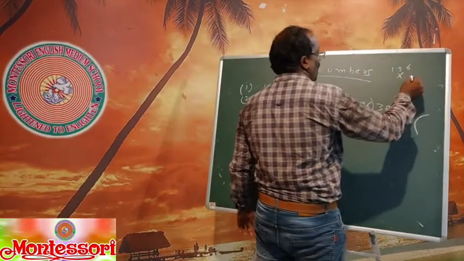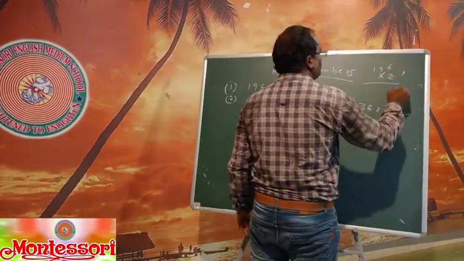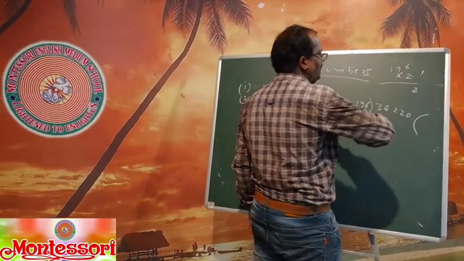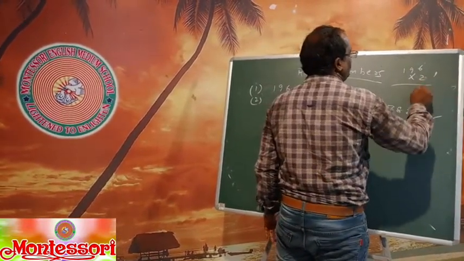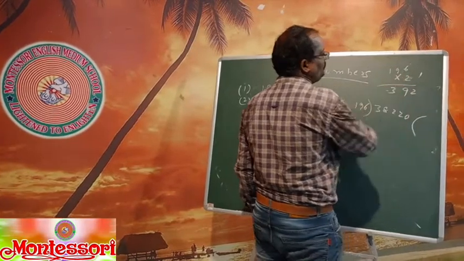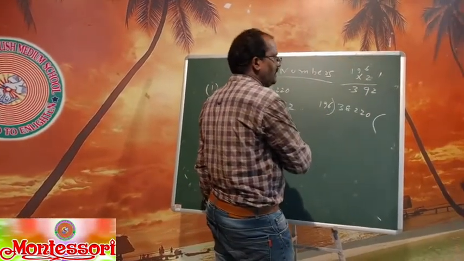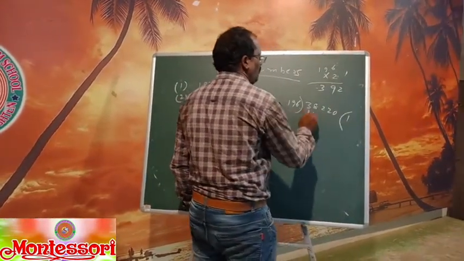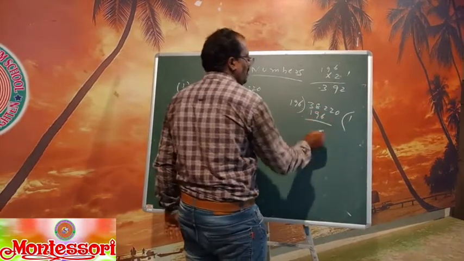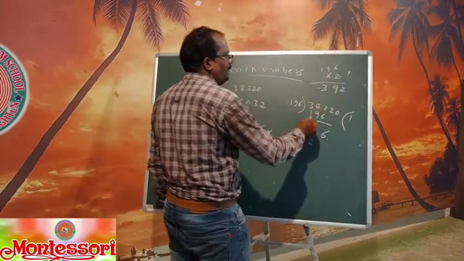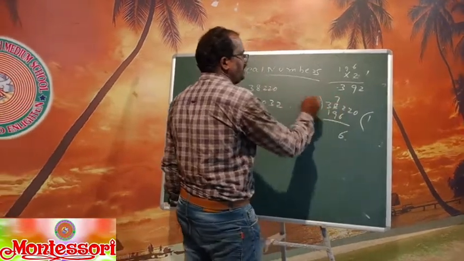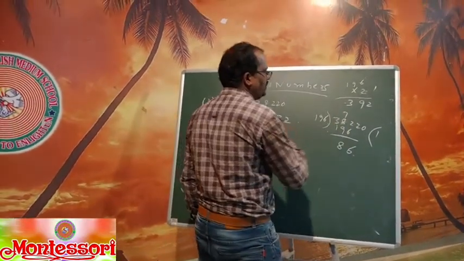196 into, for example, 2: 2 sixes are 12, 2 nines are 18, 18 plus 1 is 19, 392. How much are you getting here? 392. Now we take 196 times 6. Now here 7, 17 minus 9, 8.